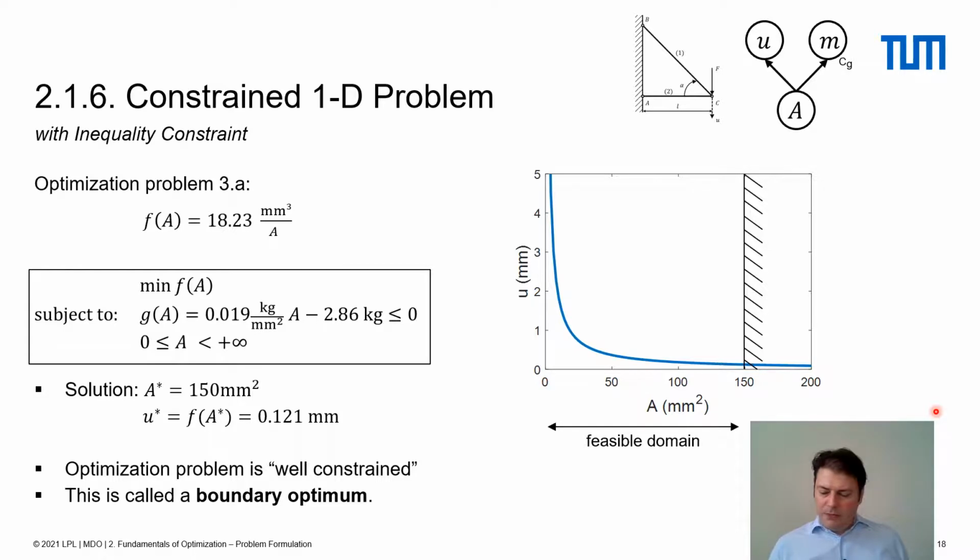A boundary optimum does not necessarily satisfy the condition that the first order derivative is 0. And boundary optima are typically what you will encounter in realistic technical problems.